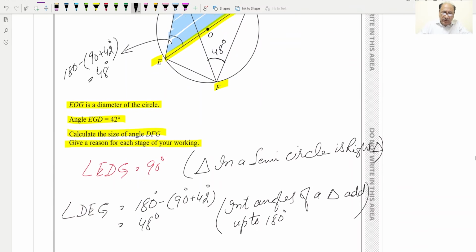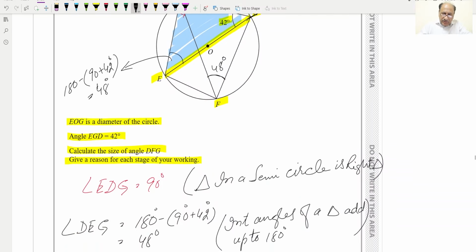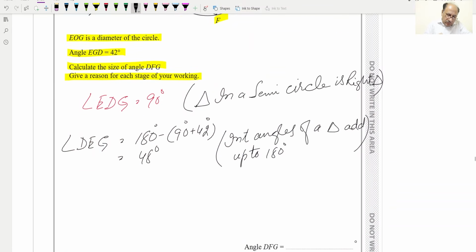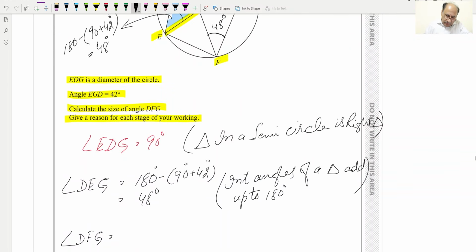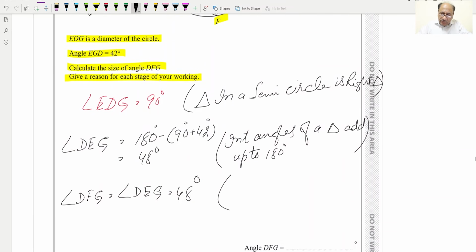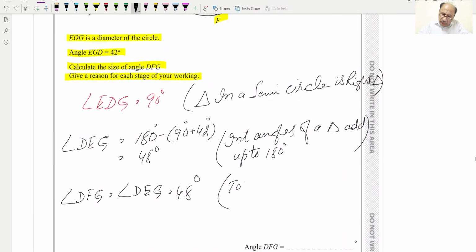So angle DFG is equal to angle DEG, which is equal to 48 degrees, and we can say top angles of an arc are equal.